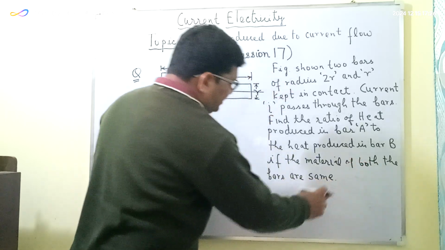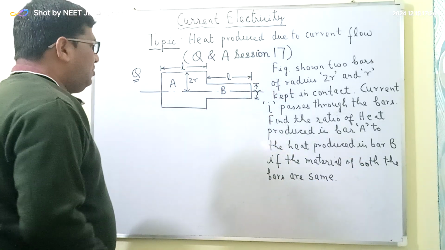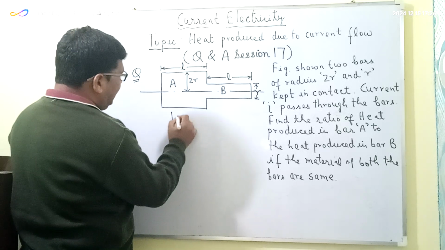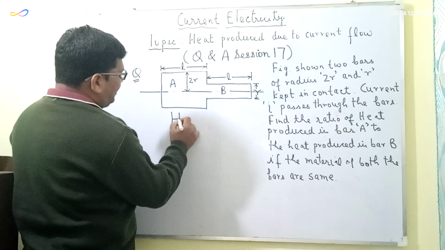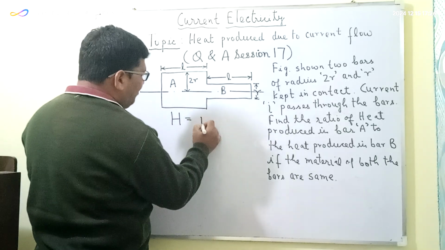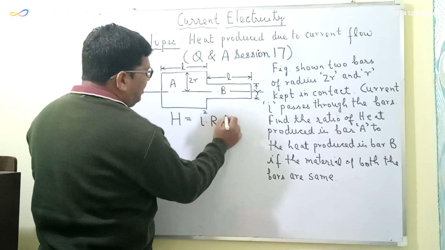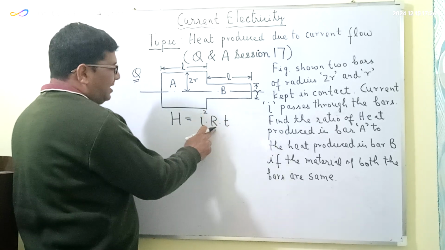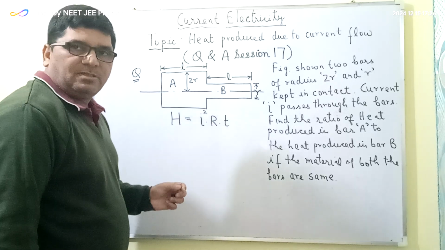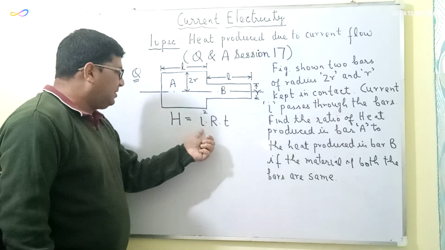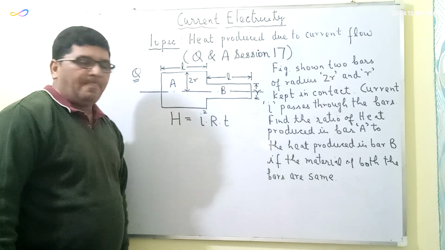We know that the heat produced in a conductor due to the flow of the current is given by the formula I square R T, where T is the time elapsed, R is the resistance of the conductor, and I is the current flowing through it.